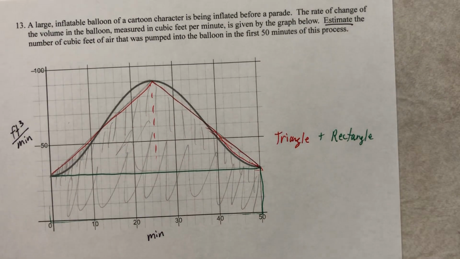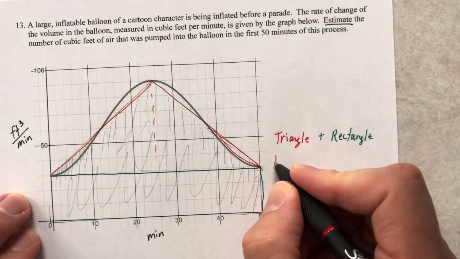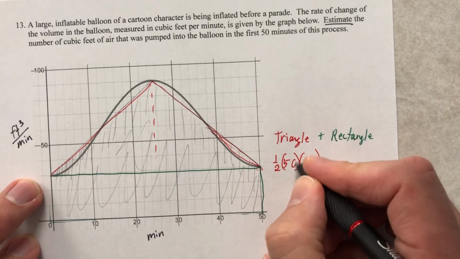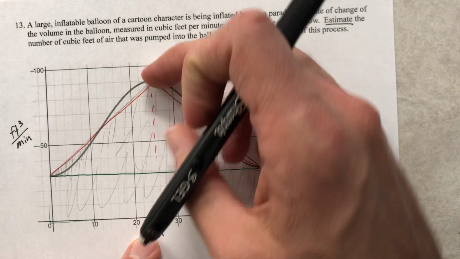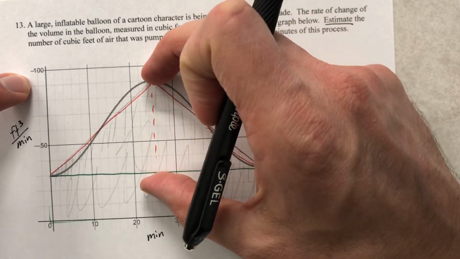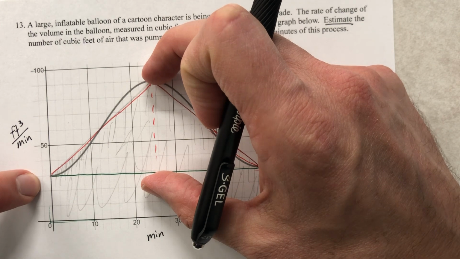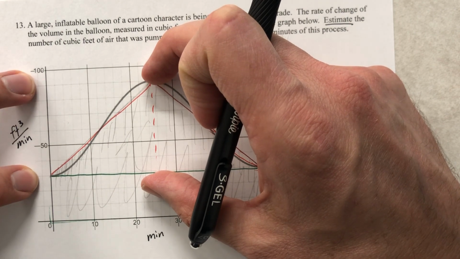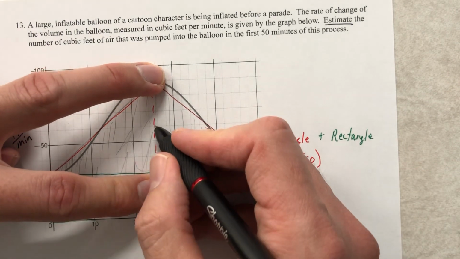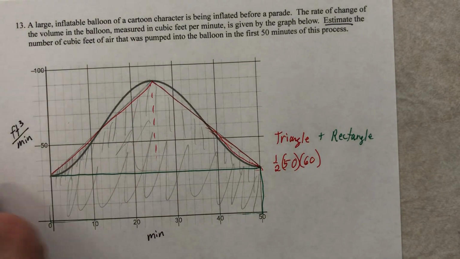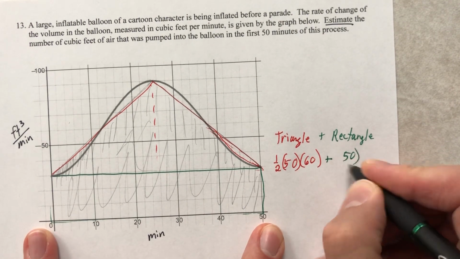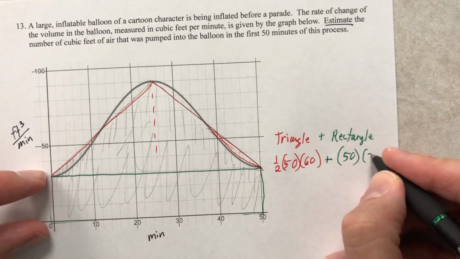All right, triangle. The triangle is 1/2 base times height. The base is 50. The height is not this entire height, which would be 90, okay? The height of the triangle itself, it goes from 30 to 90, which would be 60, okay? That is its height, 10, 20, 30, 40, 50, 60. The rectangle itself is 50 wide and 30 high.